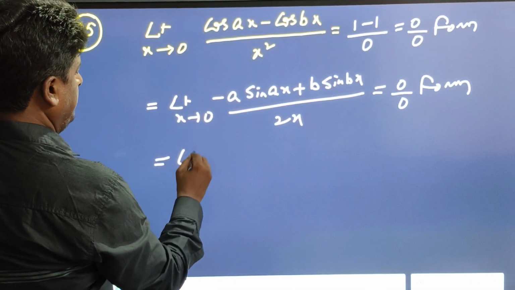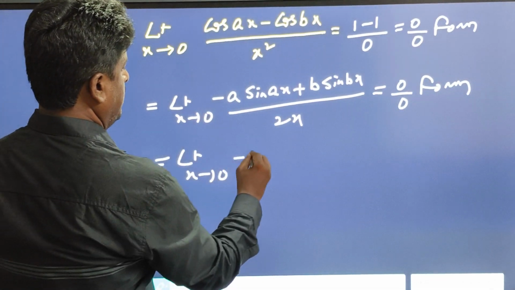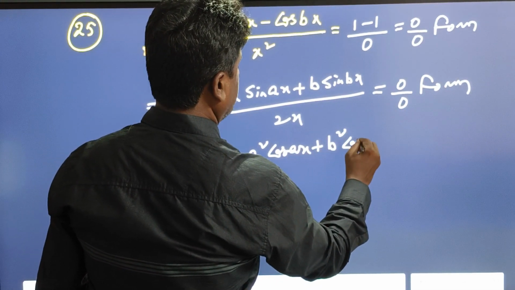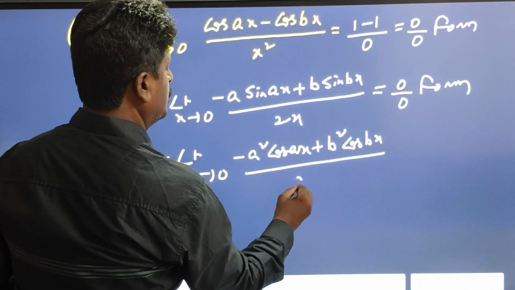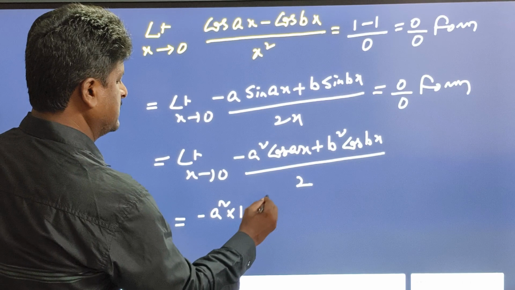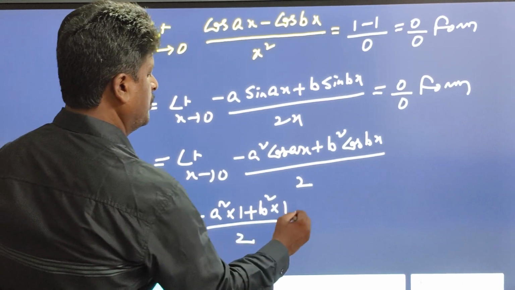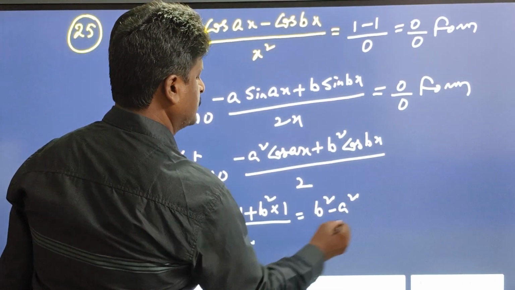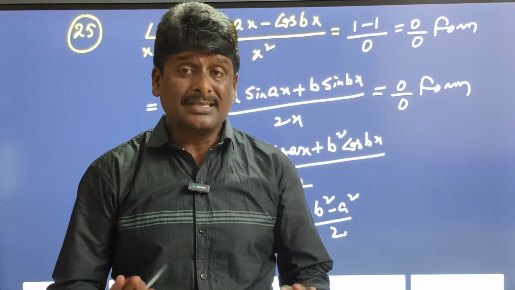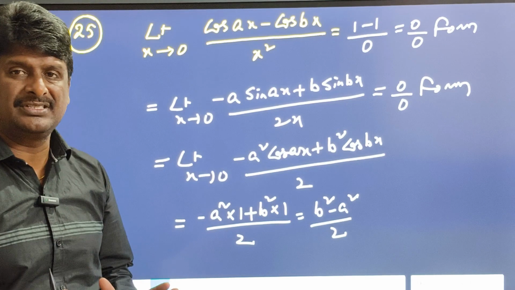That's why limit x tends to 0, (minus a square cos ax plus b square cos bx) by 2. Applying the limit, minus a square into 1 plus b square into 1 by 2, which is (b square minus a square) by 2. So my dear friends, these are sure short questions.